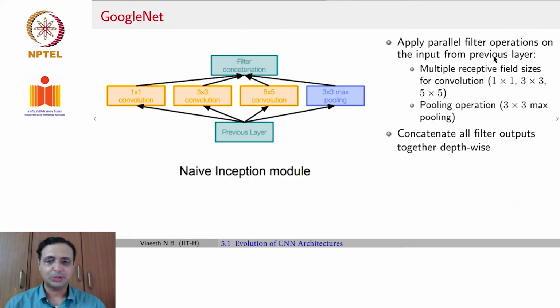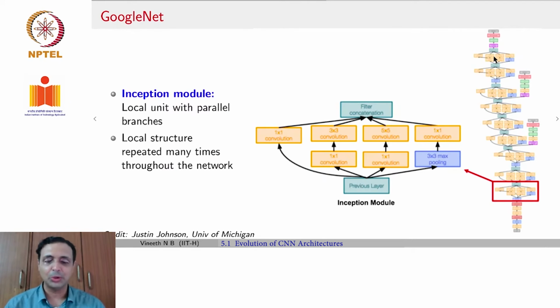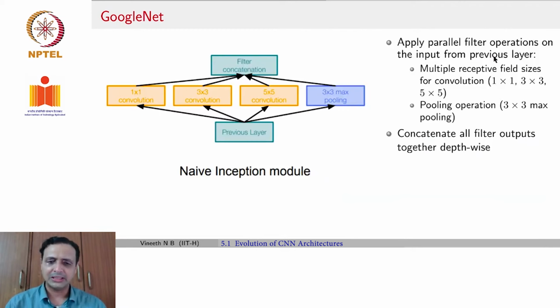So this was the final Inception module that was in the architecture, but let's develop this slowly. The naive Inception module takes a previous layer. Instead of deciding a particular filter size, or VGG, which always relies only on 3x3, what the GoogLeNet designers decided to do was to do multiple such filter sizes in parallel and concatenate all of them.